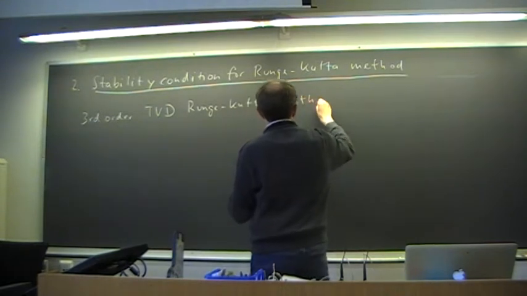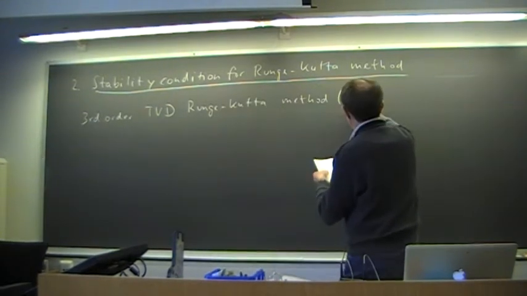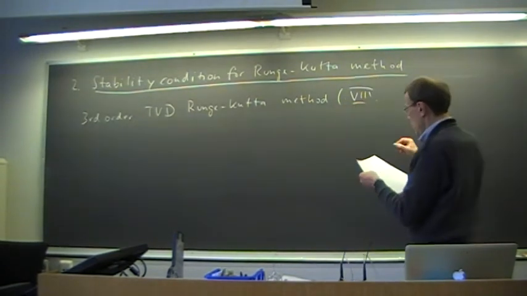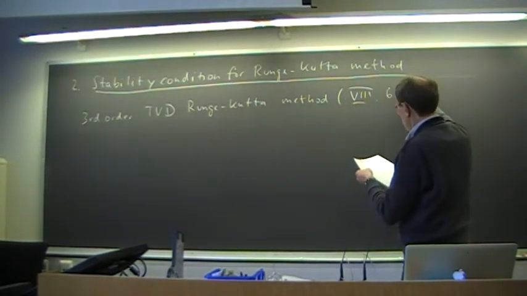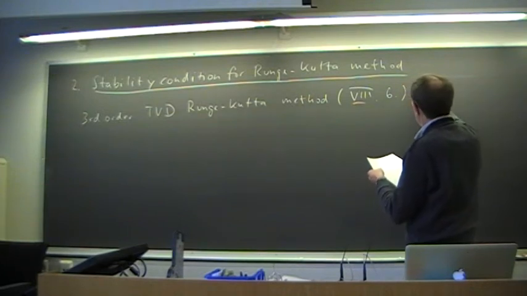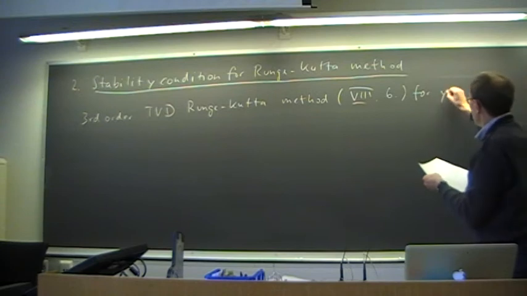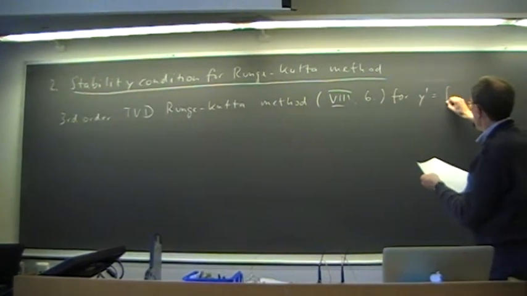That is the one that we had in chapter 8.6. That was on the Burgers equation. But we use it here now for y prime equal to f of y.